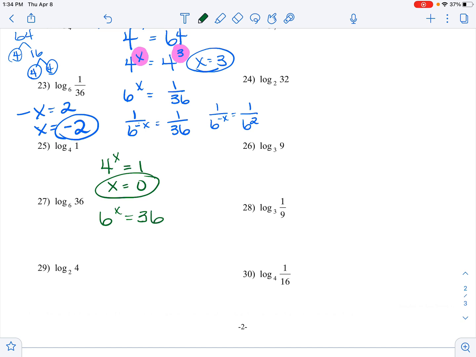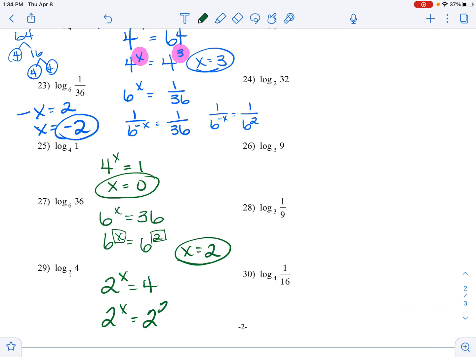Well, that means 6 to the x is equal to 6 squared, and I see here x is equal to 2. Two to the x is equal to 4. 2 to the x is equal to 2 squared. x is equal to 2.